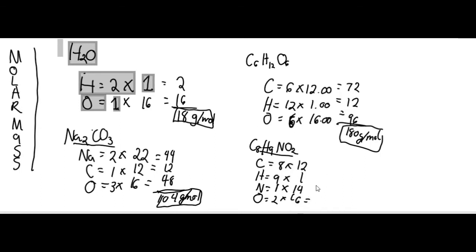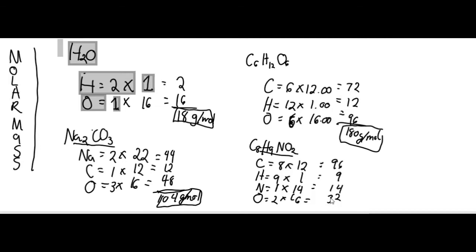So let's multiply all of them. So 8 times 12, that's 96. 9, 14, 36. No, sorry, 32. Okay, 32.